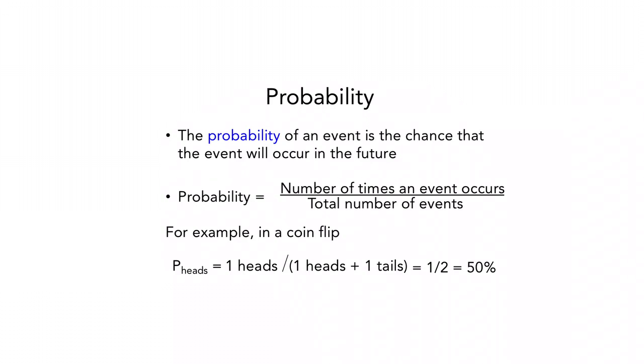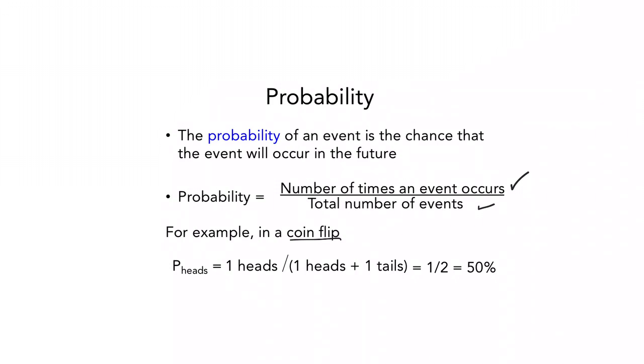So let's first start by defining probability. The probability of an event is the chance that that event is going to occur in the future. The probability is equal to the number of times the event occurs, divided by the total number of events. A classic way to think about this is with a coin flip. There are two possible events if you flip a two-sided coin.